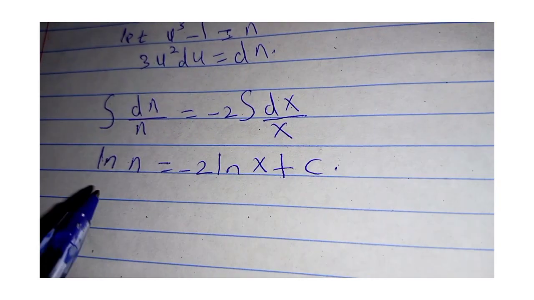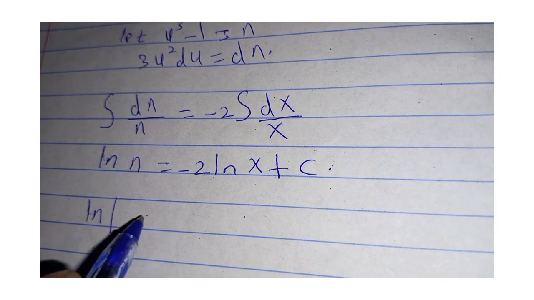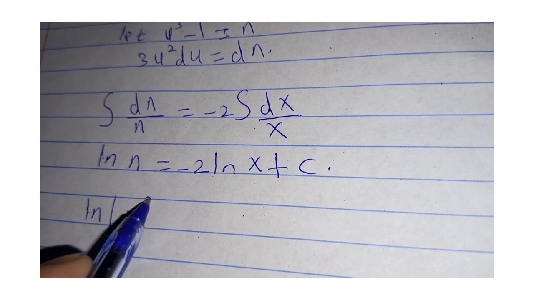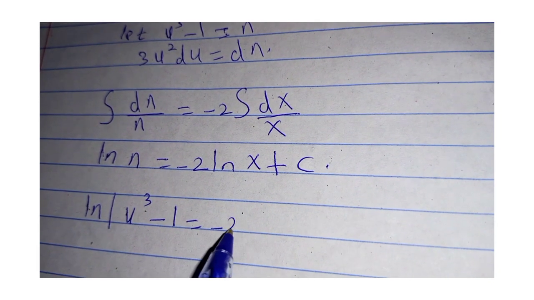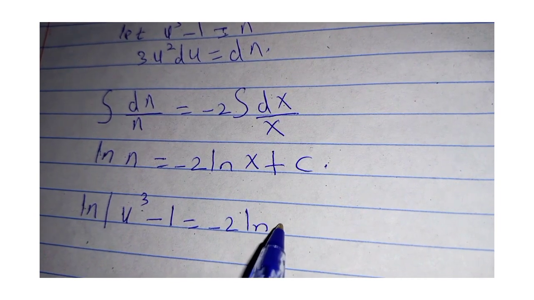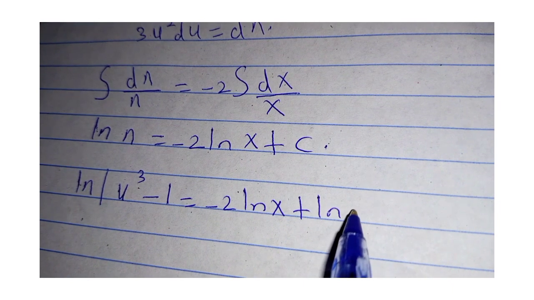Then we substitute back the value of n, natural logarithm of modulus of u cubic minus 1 is equal to -2 natural logarithm of x plus natural logarithm of c.